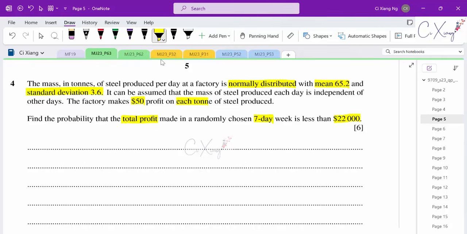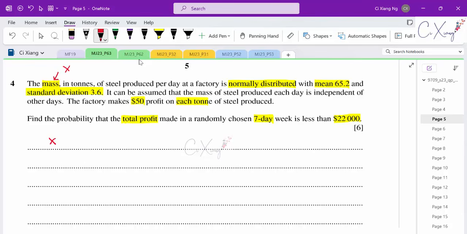Okay, so for this question, before we can set it up, we need to know what is the variable that is normally distributed. For the normally distributed variable, we are talking about the mass, that means the weight of the steel. Usually we denote it by X. So take note, X is the mass in tons, and it is normally distributed with this mean and standard deviation.